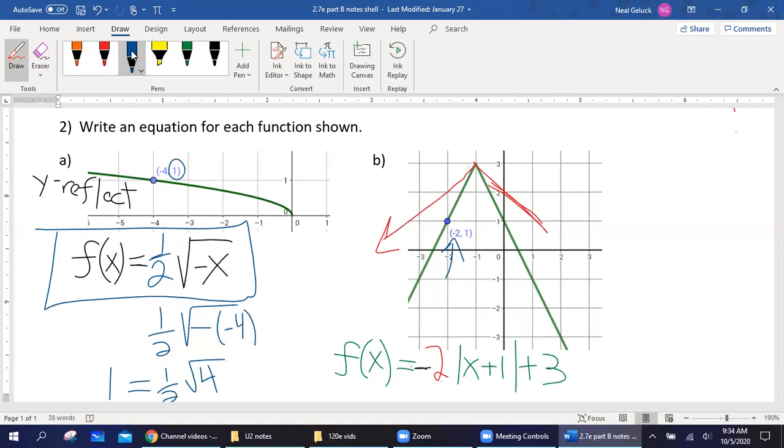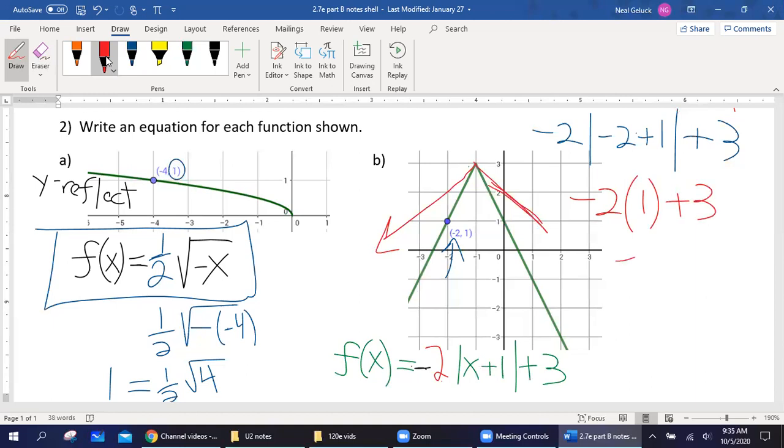So if I take the function I have, -2 absolute value of -2 plus 1 plus 3. So that would be -2 times the absolute value of -1, which is 1. That's -2 plus 3, which is 1. That is the y coordinate. So there's my function.